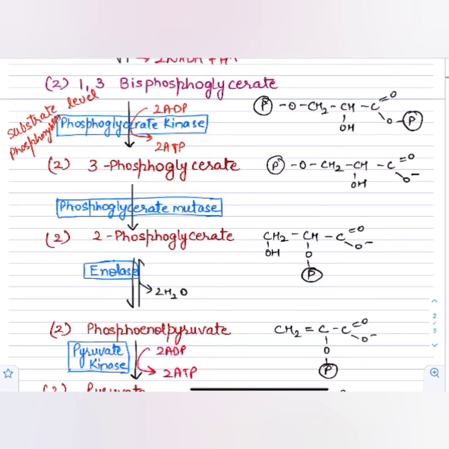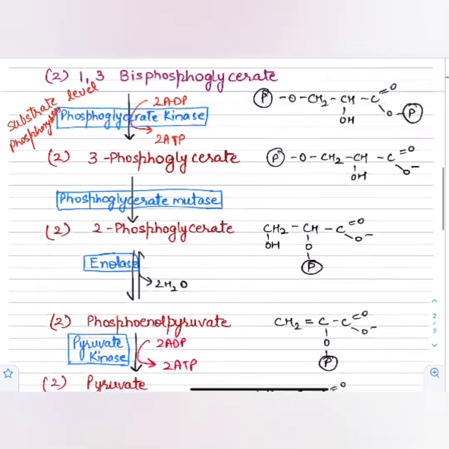And now the last step of glycolysis pathway, that is phosphoenol pyruvate conversion to pyruvate. So phosphoenol pyruvate converts to pyruvate with the help of the enzyme pyruvate kinase, and again it's a kinase, so it transfers a phosphate group. So this pyruvate kinase reaction is also a substrate level phosphorylation reaction.